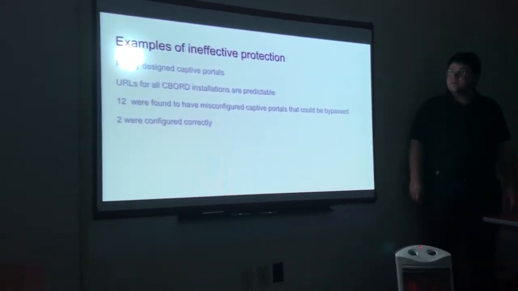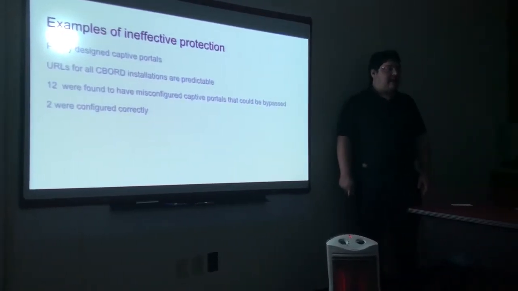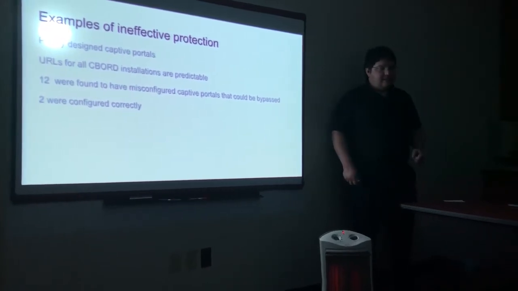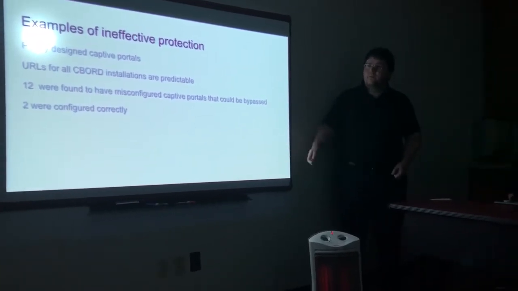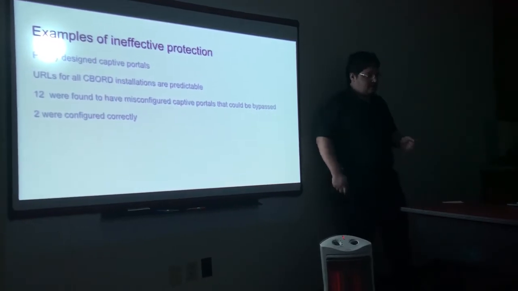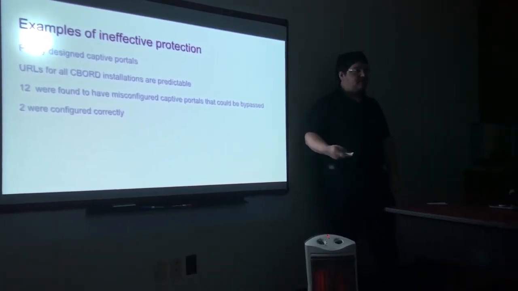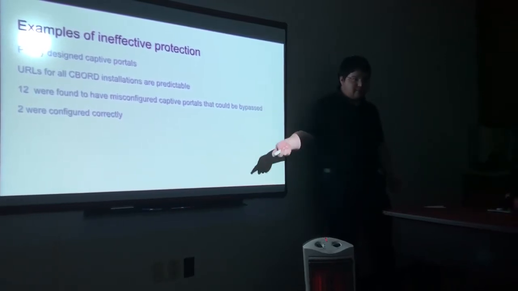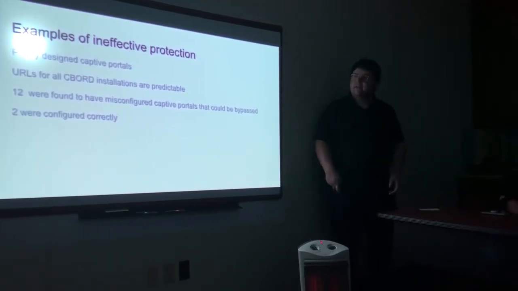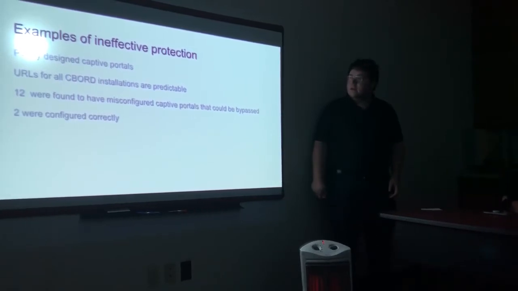So what a lot of universities did is they used a captive portal, which is basically, if you click on the website for that university and you say, oh, I want to add money to my card, they make you log in with your ID and password for the university, and then they redirect you to the insecure canned solution that Seaboard provides.